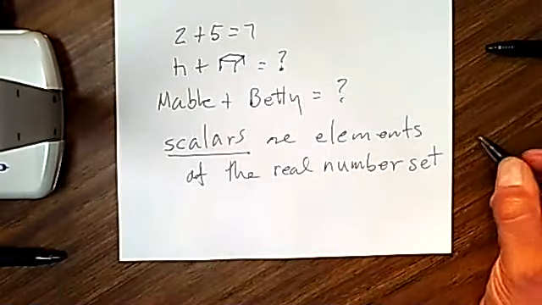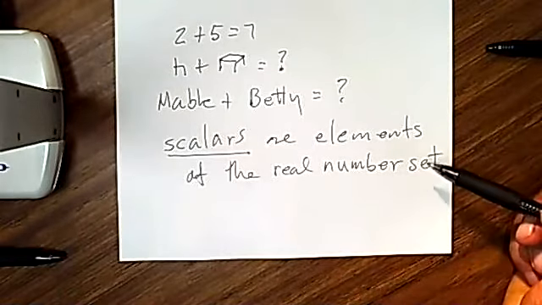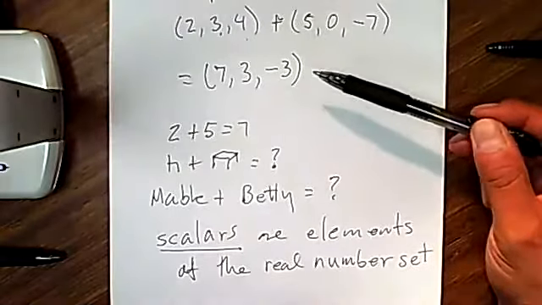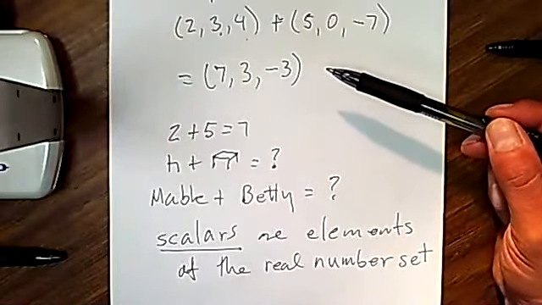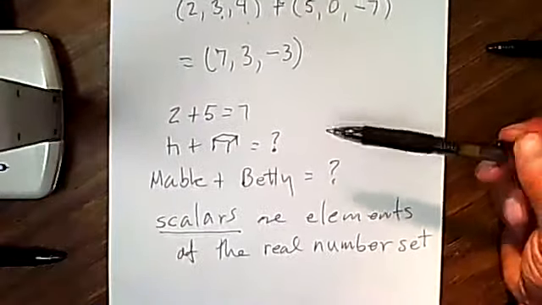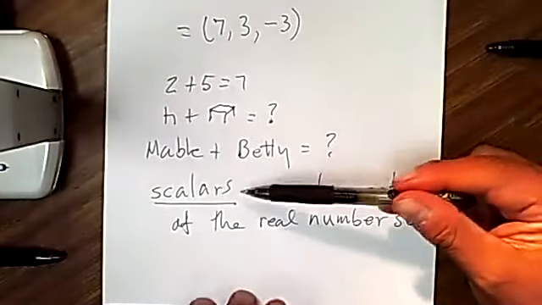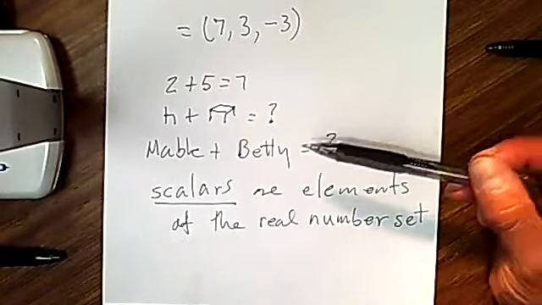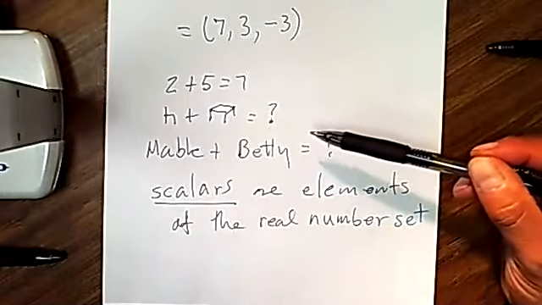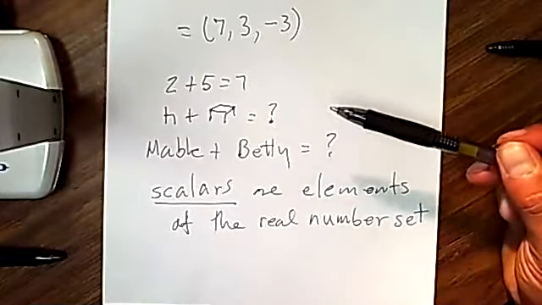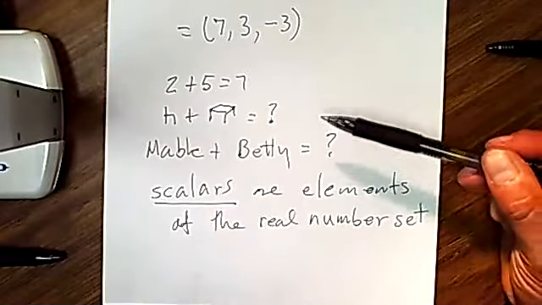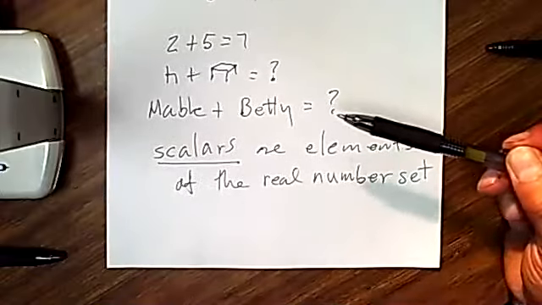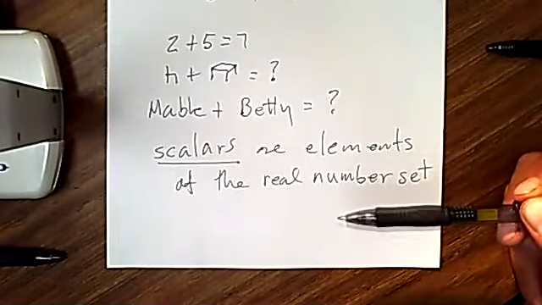The reason why we have the real numbers is because the vectors we're going to be working with are real number vectors. If we had furniture vectors, then the scalars would be the furniture. But with furniture, we don't have operations that we can deal with. So we don't use the furniture as scalars, of course.